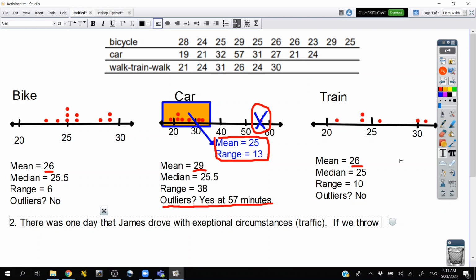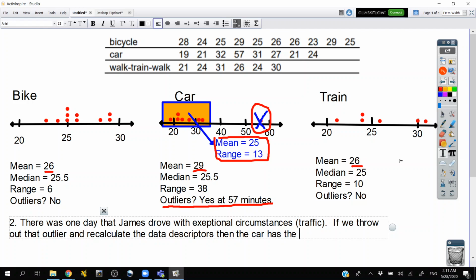If we throw out that outlier and recalculate the data descriptors, then the car has the lowest average. That would be my argument.